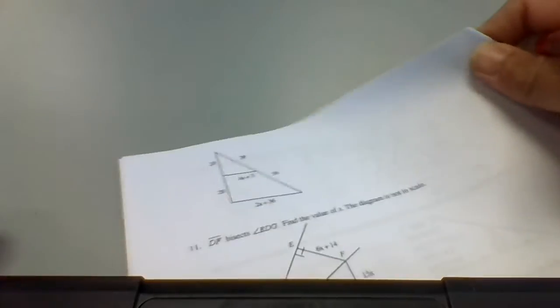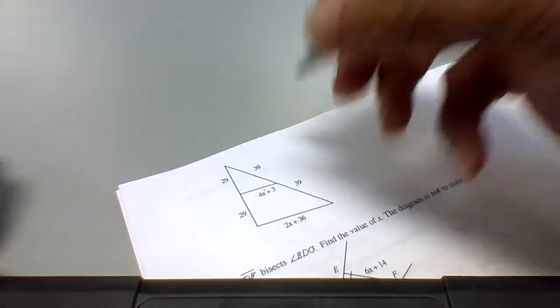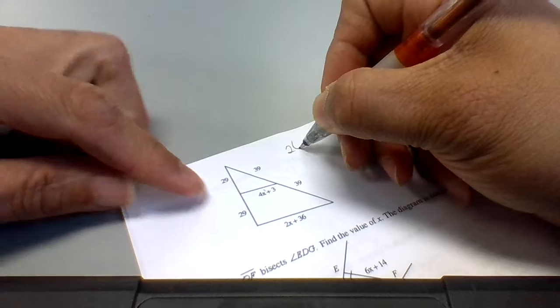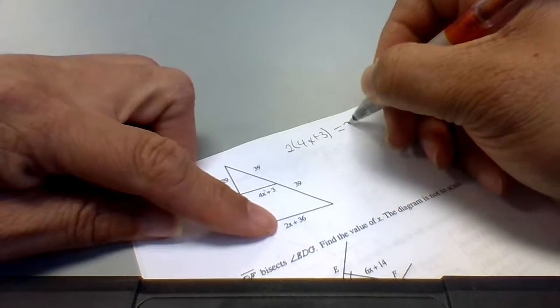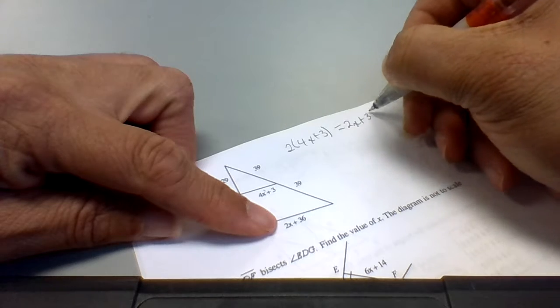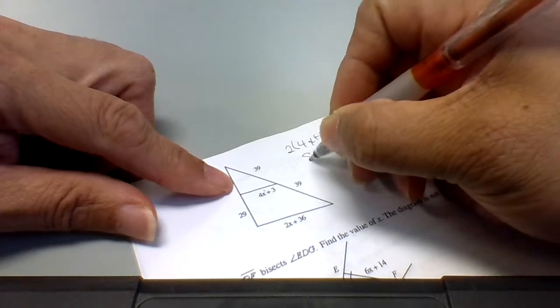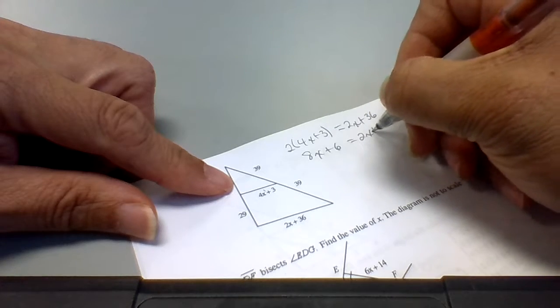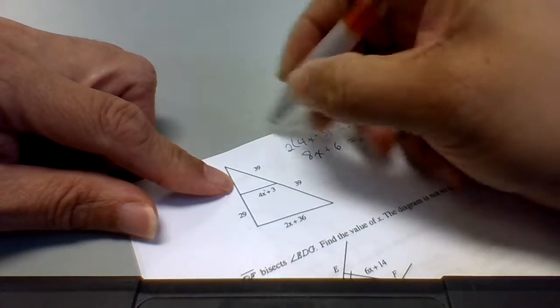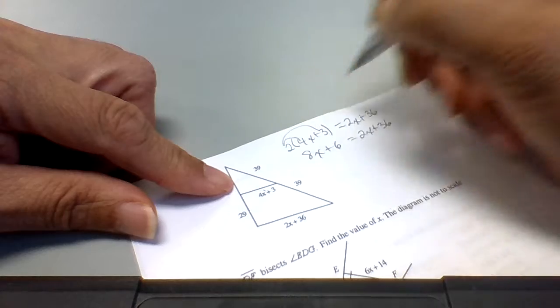Find the length of the midsegment. So again, I need 2 midsegments to equal the length of the long one. So 2 times (4x plus 3) equals 2x plus 36. And so 8x plus 6 is going to equal 2x plus 36. Again, I took this times this and then that times that.